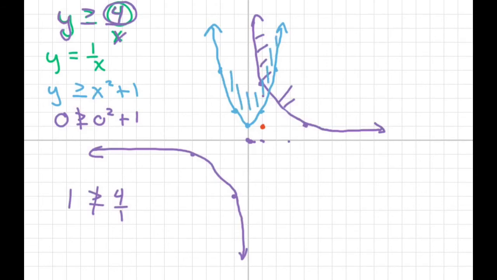The only place where the shading crosses is right in this area here. So right in here is where the shading coincides with one another. So basically, our shading is right in here.